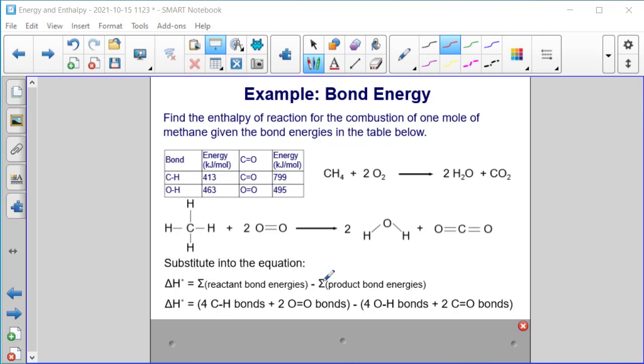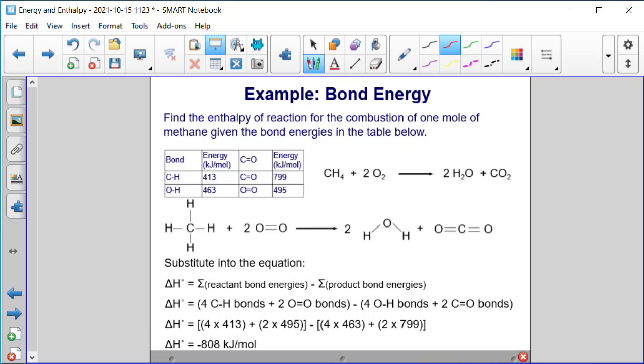Then minus the sum of the product bond energies. So we determined that there were 4 oxygen-hydrogen single bonds plus 2 carbon-oxygen double bonds. And from there, we can just substitute the values from the table that are given.